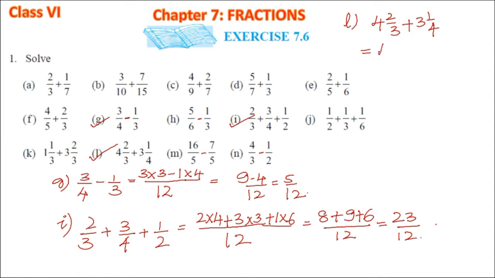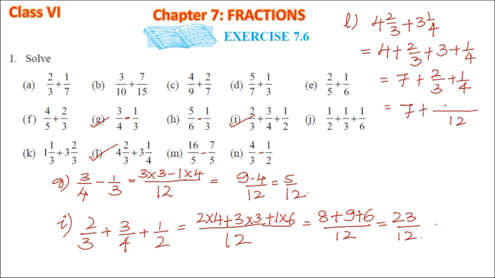This can be written as 4 plus 2 by 3 plus 3 plus 1 by 4. So 7 to be added to 2 by 3 plus 1 by 4. This can be simplified. 7 plus, here the LCM is 12. If 12 is the LCM, this 2 should be multiplied by 4 and 1 to be multiplied by 3.